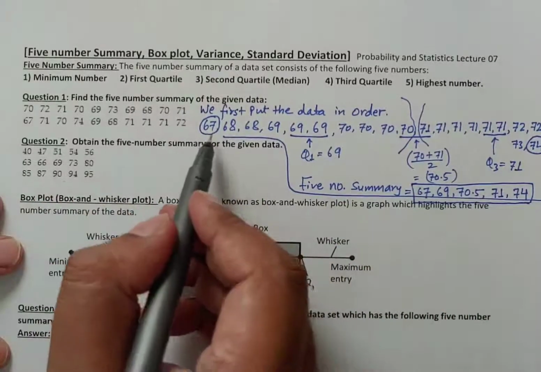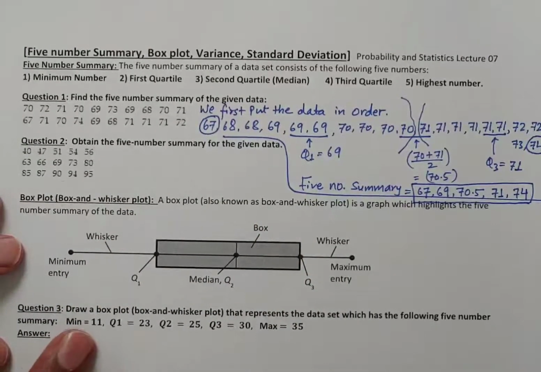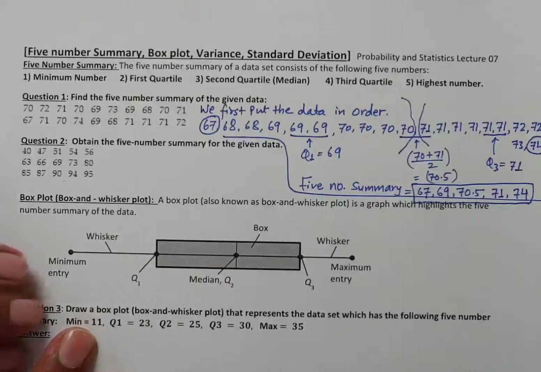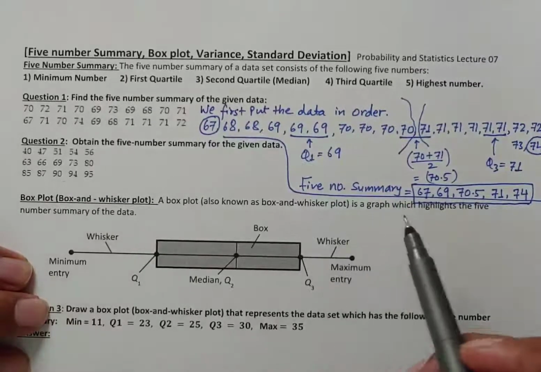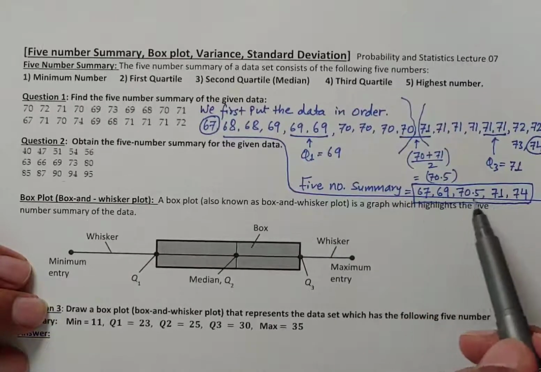So for the 5 number summary, we find the minimum number, the first quartile, then the median, the third quartile, and the maximum number. When you put the 5 number summary as an answer, you put these numbers in order.